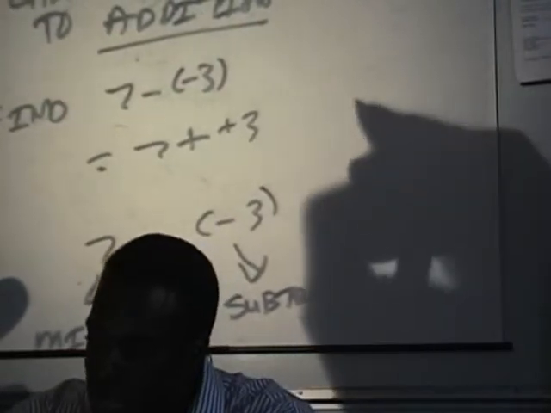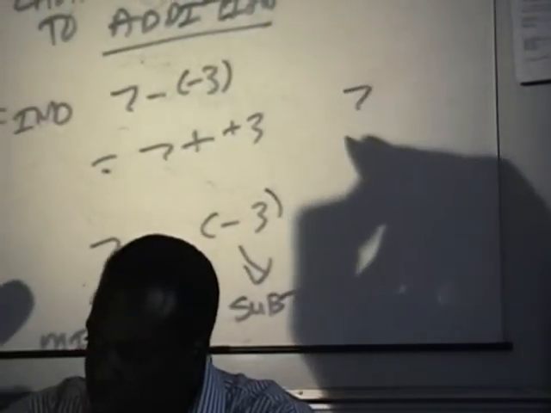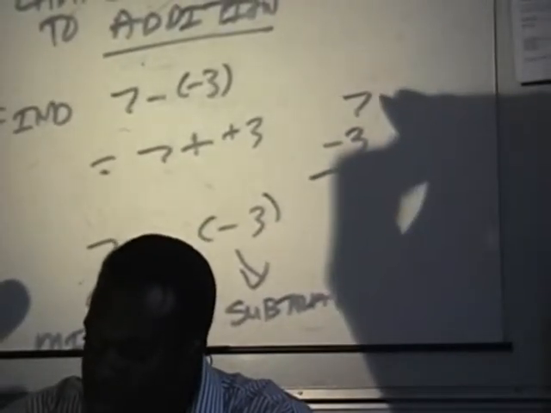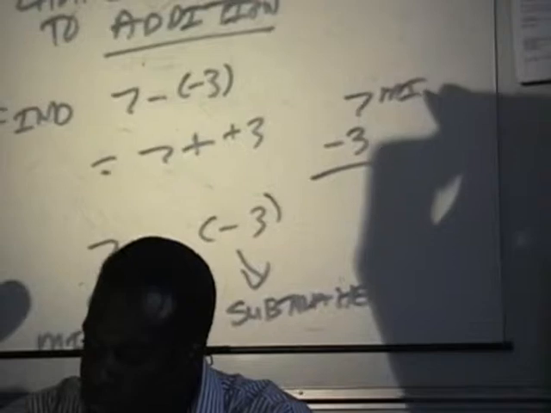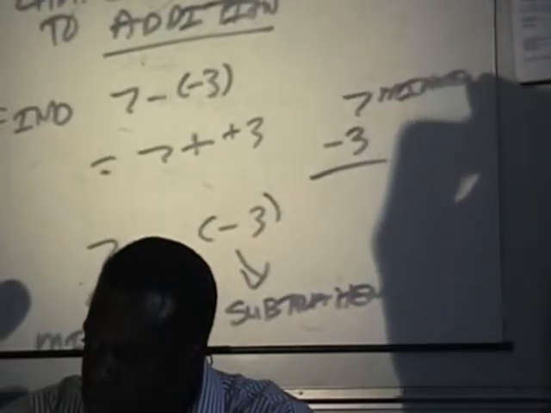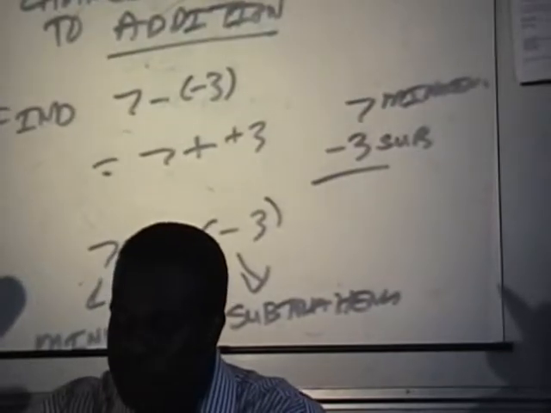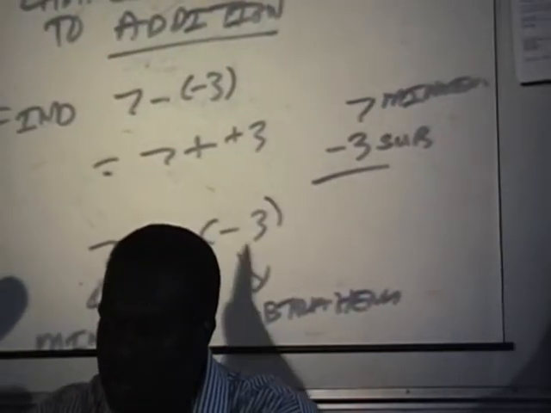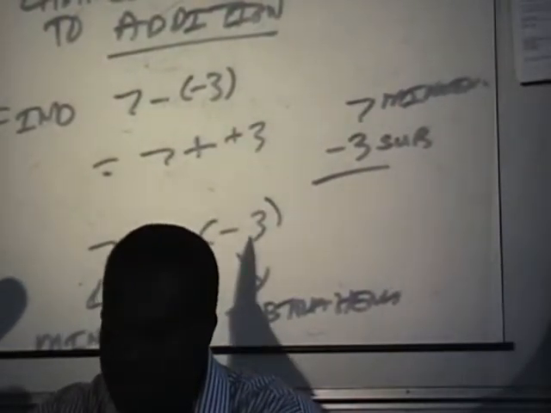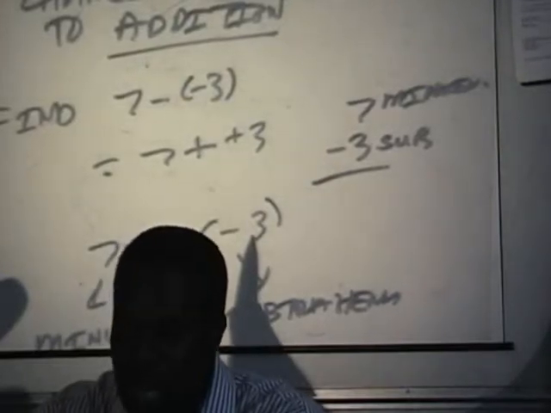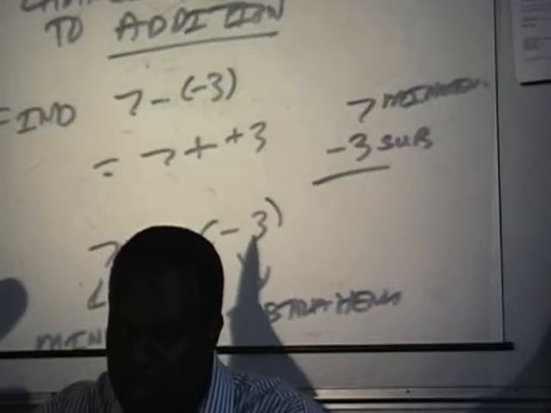Remember back in elementary school, if this was 7 subtract 3, the top number, the 7, is the minuend, and the bottom number is the subtrahend. So the number on the right is the subtrahend. That's the number that will always change from positive to negative or negative to positive.